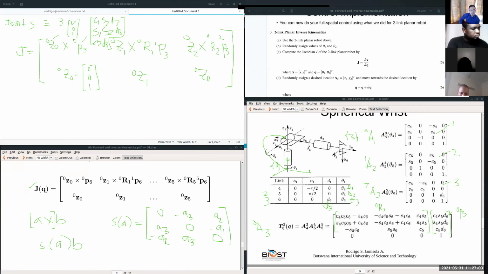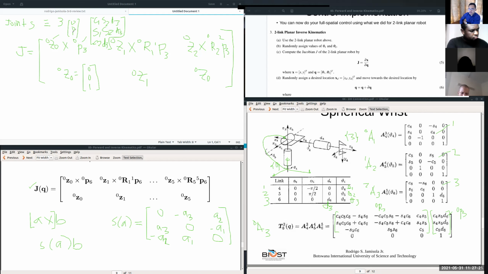So let's just use this, so that for easy computation we don't need to do the quite difficult process of cross multiplication.